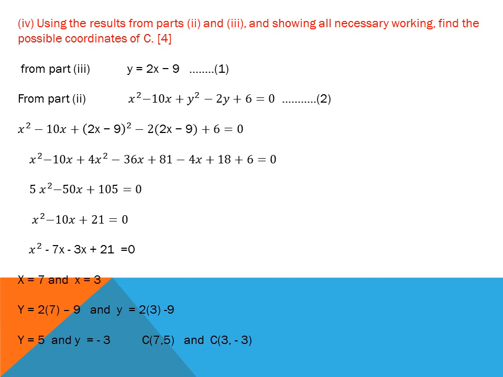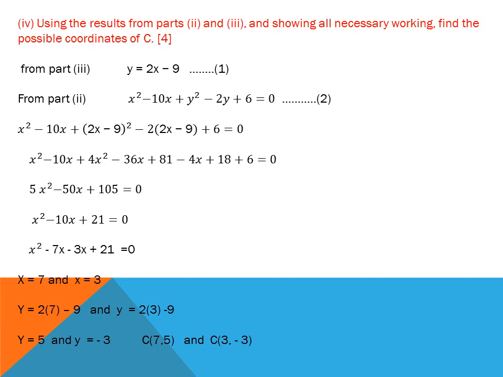I only put the value of y from equation 2 into equation 1, and I simplify and get the final equation x squared minus 10x plus 21, because when 5 is common from 5x squared minus 50x plus 105, then 5 will become 0 on the right hand side, and the remaining equation is x squared minus 10x plus 21.